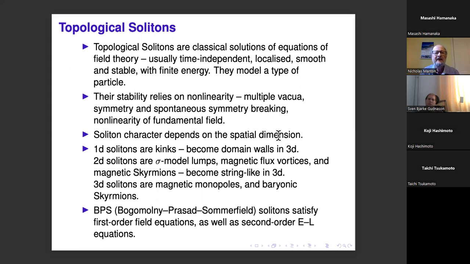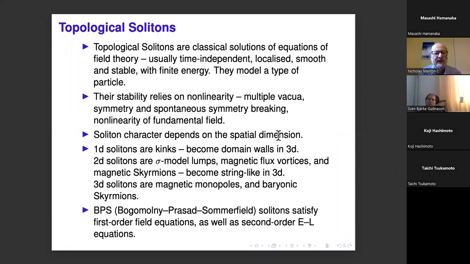The nonlinearity can arise because of the action of a symmetry group, spontaneous symmetry breaking. That's also related really to this existence of multiple vacua. And the fundamental field doesn't have to be linear. You don't even need a potential sometimes. You can just have a field which itself is perhaps a linear field, but subject to some nonlinear constraint.